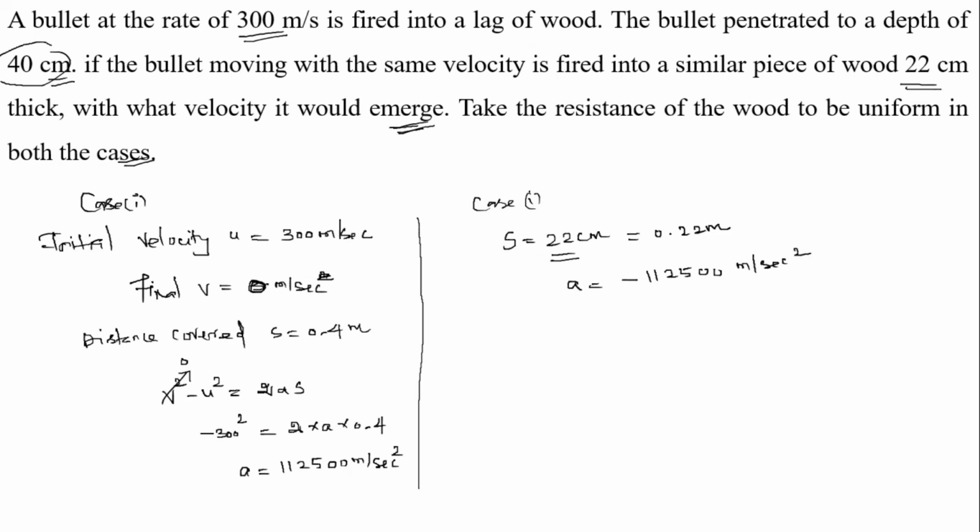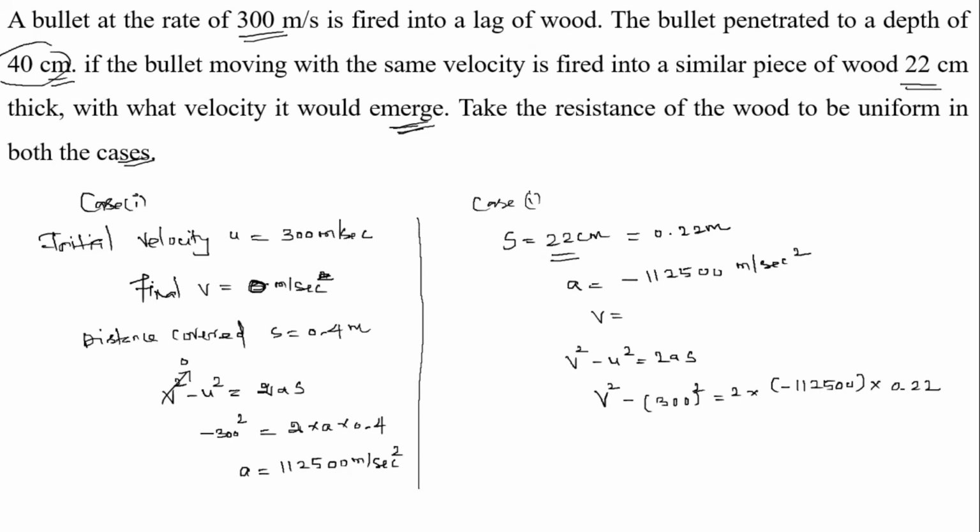Now we have to find the final velocity of the bullet, right. Same formula: v squared minus u squared is equal to 2as. So v squared minus 300 squared is equal to 2 into a, which is minus of 112500, into S, which is 0.22 meter.